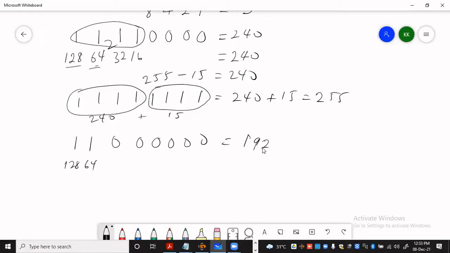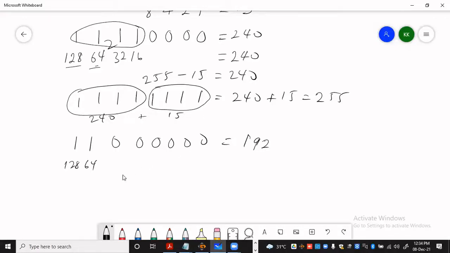So when I had 192, I subtracted this from the 255. No. You only apply those shortcuts when you have it in this format, in all ones here or all ones here. But when you have it in this format, you don't want to do that. No, don't do that at all.